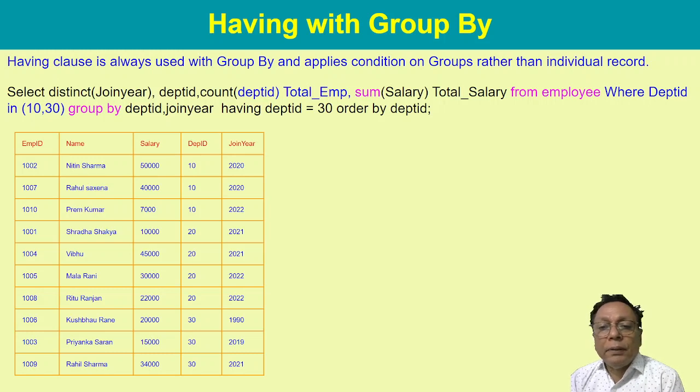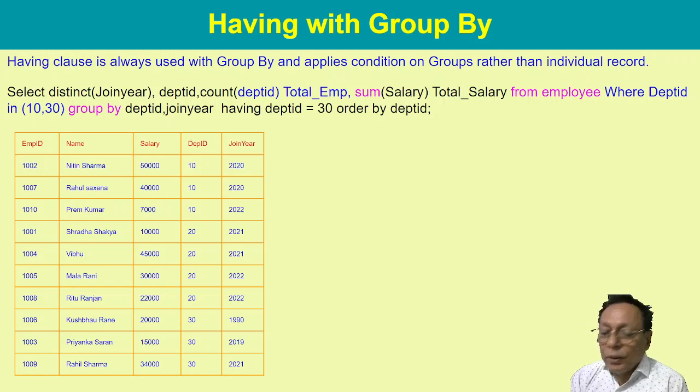So I am using having department ID equal to 30 to filter out and summarize the salary of department ID 30 only, and then order by department ID. So all these records of department 30 will be sorted, grouped and summarized.